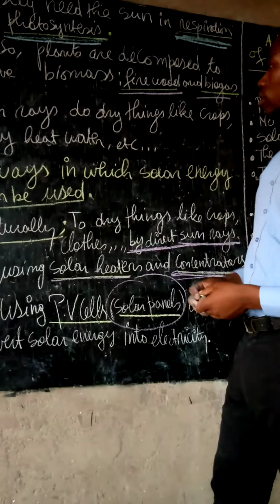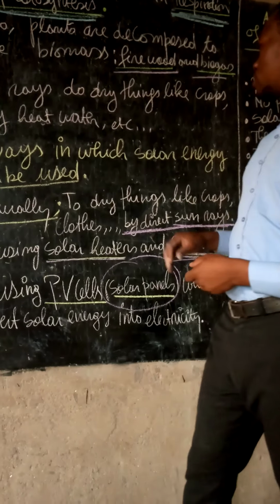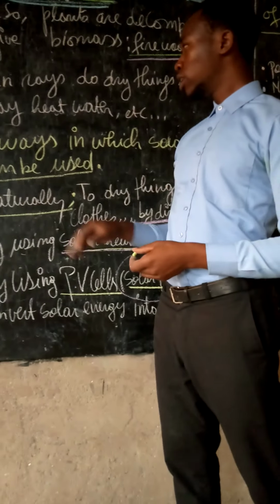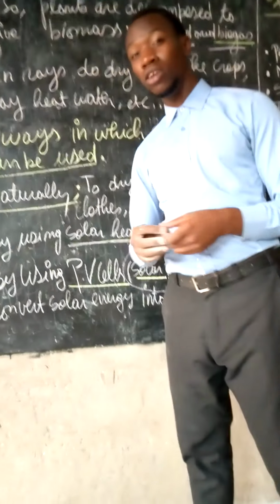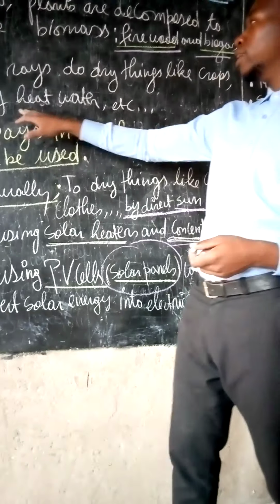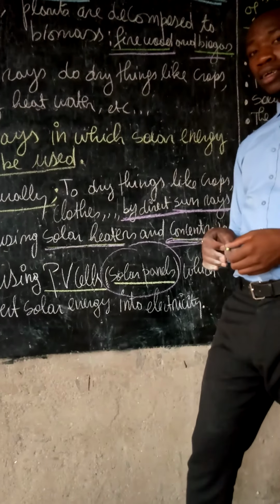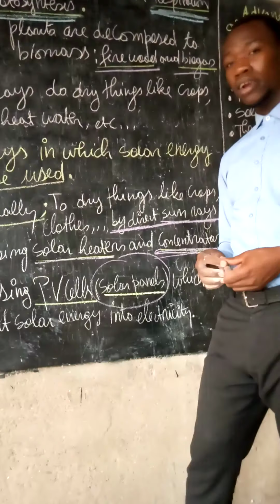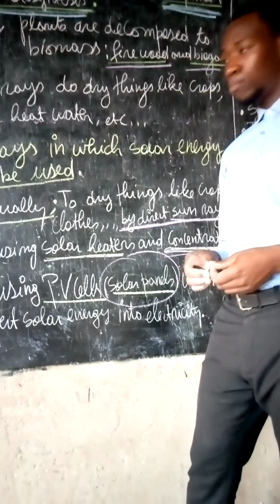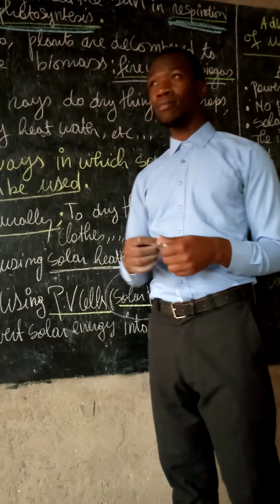Sun rays also dry things like crops or clothes. They may heat water. So sun rays are powerful in this society.